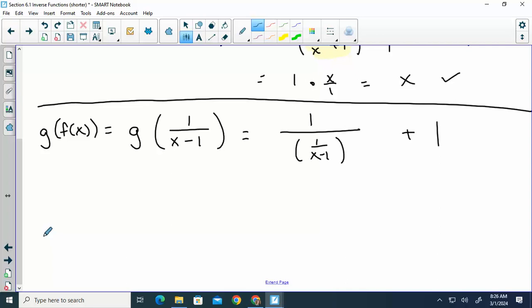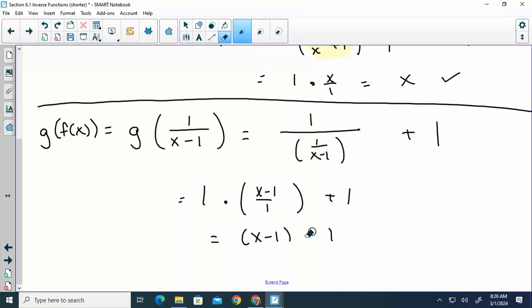All right. So starting here, to divide fractions, we multiply by the reciprocal. What does that give you? x minus 1 plus 1, which is x.